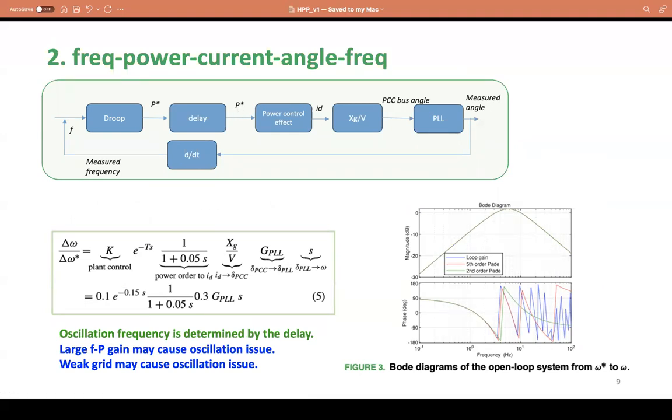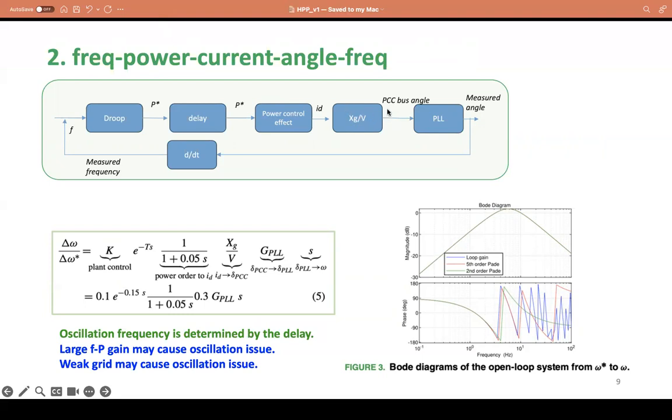So what happens is that the power command will influence the axis real current. There's this inverter level power control, and it just acts like a first order delay, like a low pass filter. Now the real current will influence the PCC bus angle, and this influence is dependent on the grid strength. If the grid is weaker, the influence is much more.